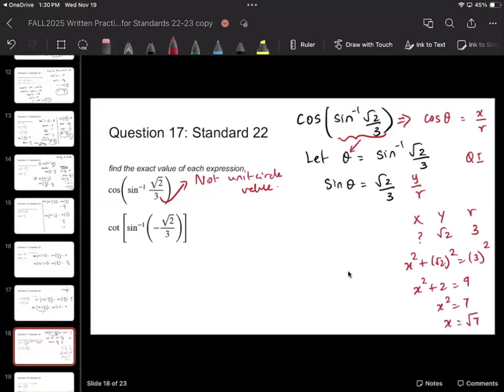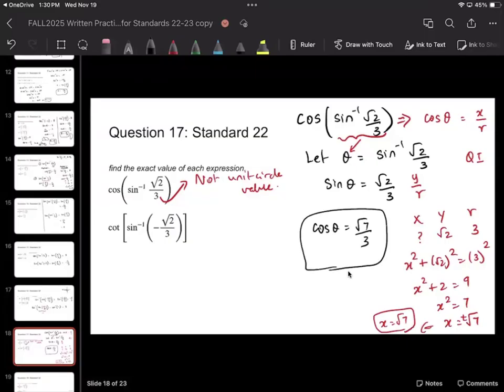X is square root of 7. I'll put plus or minus, and then I will only use positive. Why am I only using positive? Because it's in quadrant 1. So the answer will be cosine theta is square root of 7 over 3.